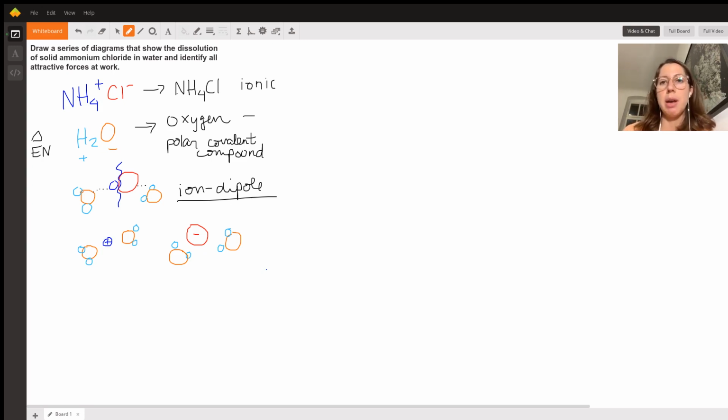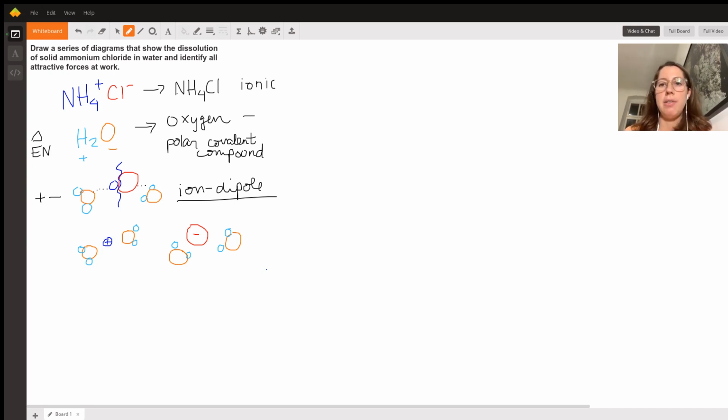So the ammonium, which is the positive end of it, the blue dot here, is going to be attracted to the oxygen, which is slightly negative. And it makes sense because positive and negative attract. Opposite charges always attract. Whereas on the chloride end of it, chloride is a negative ion, and so that's why it's going to be attracted to the hydrogen, because positive and negative attract.